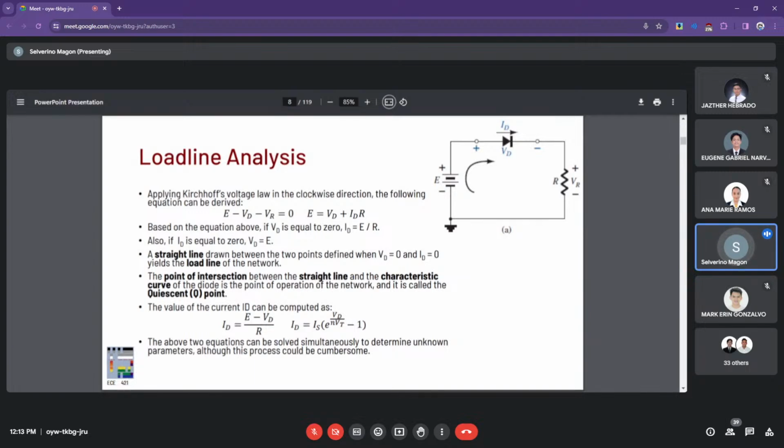Again, in the previous graph, we've mentioned that the intersection of the characteristic curve and the load line is called the Q point, and that the diode current is described using the Shockley equation. So using these expressions here, we can come up with the unknown parameters.